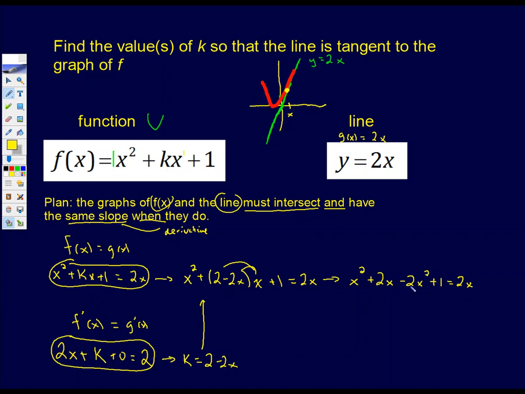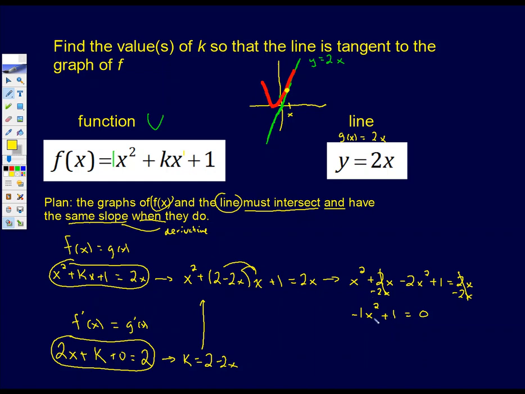This is going to be a quadratic equation, so let's get it all on one side and have 0 on the other side. I'll subtract 2x here, and I've got another 2x to subtract from there. So now I've got x squared minus 2x squared. That leaves minus 1x squared plus 1 equals 0.